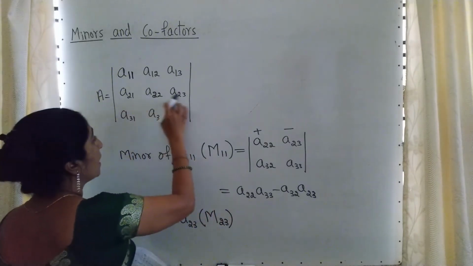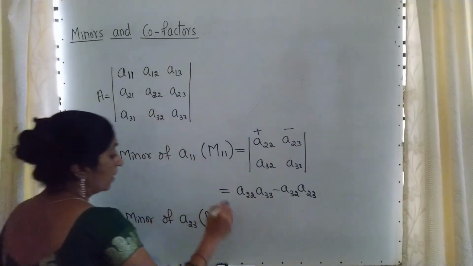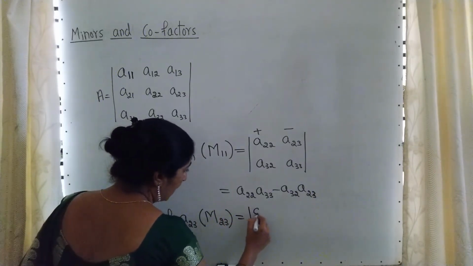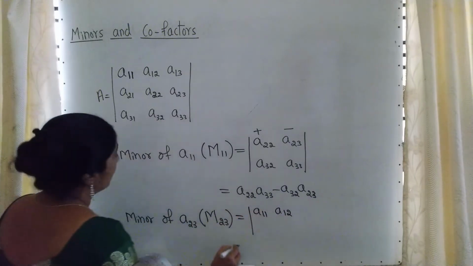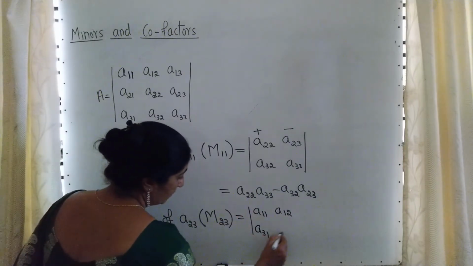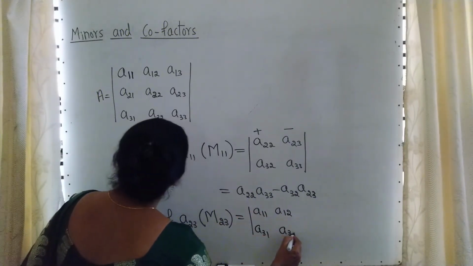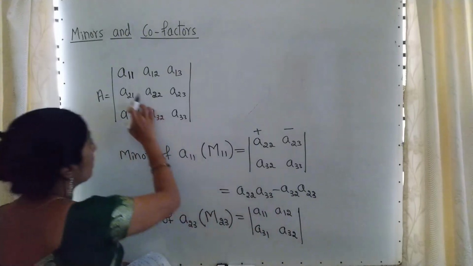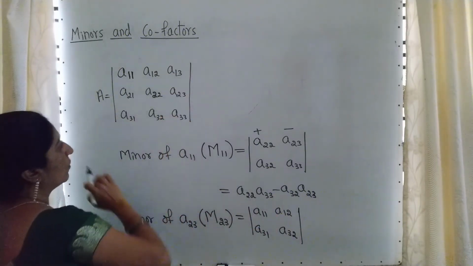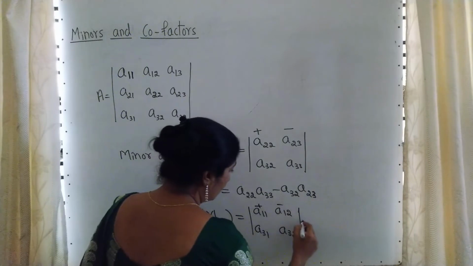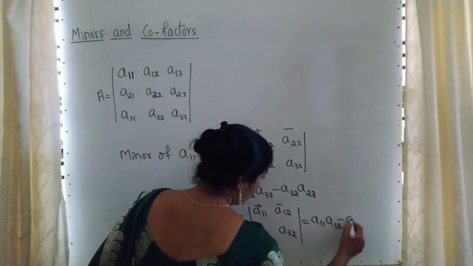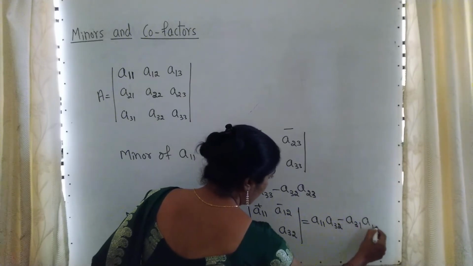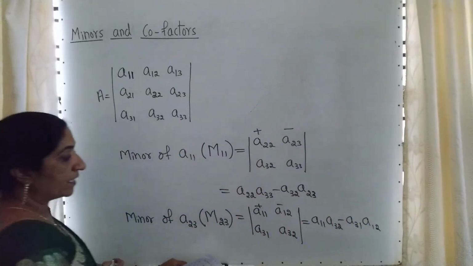Leave the second row, third column. Write down the remaining elements as they are present, in the form of a determinant. It lies in the second row, third column. Now again as usual, this is how we write the minors.